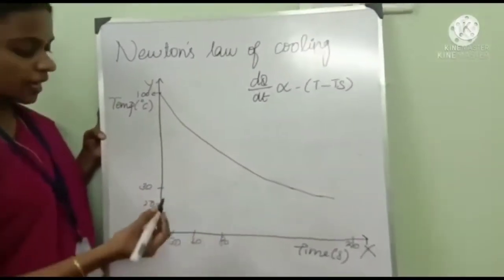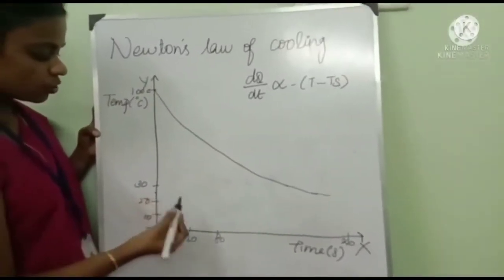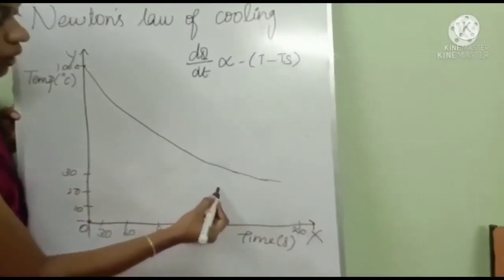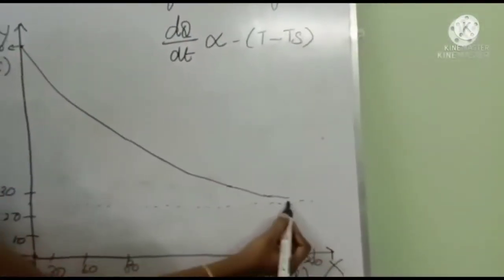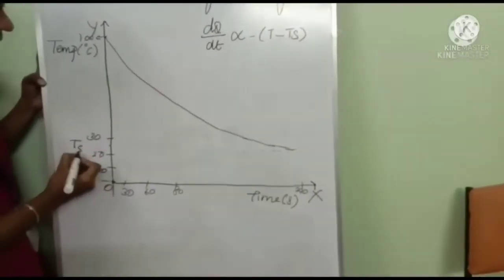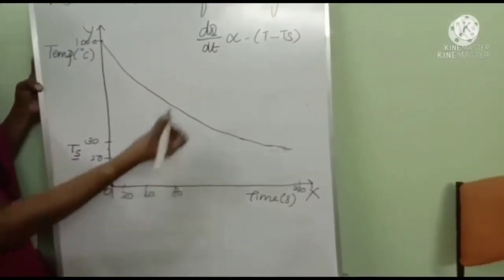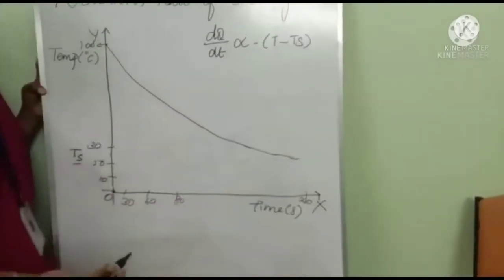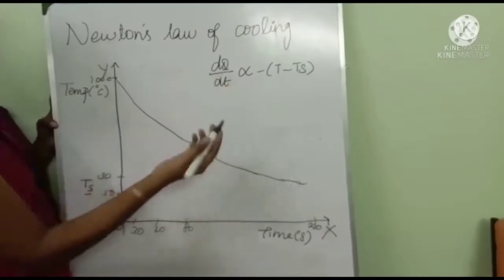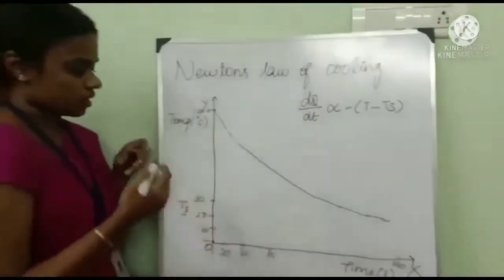Room temperature varies from 28 degrees Celsius to 32. For instance, let us consider the room temperature to be 28 degrees Celsius, and it reaches that temperature. This is Ts, the room temperature or the temperature of the surroundings. So this implies this law, and the negative sign indicates the amount of heat which is lost as the time passes.